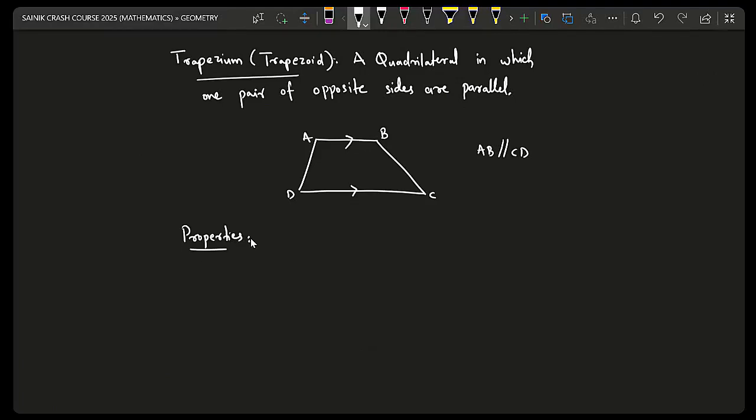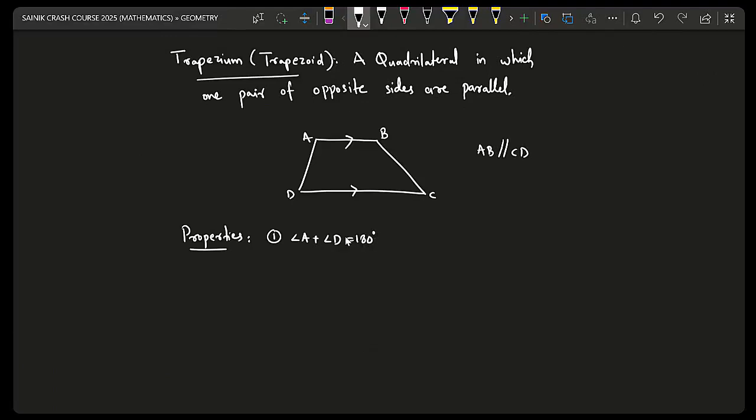You can extend the lines to imagine. If these two lines are parallel and this is a transversal, this angle and this angle are co-interior angles. If the lines are parallel, co-interior angles are supplementary. So the first property: angle A plus angle D is equal to 180 degrees.